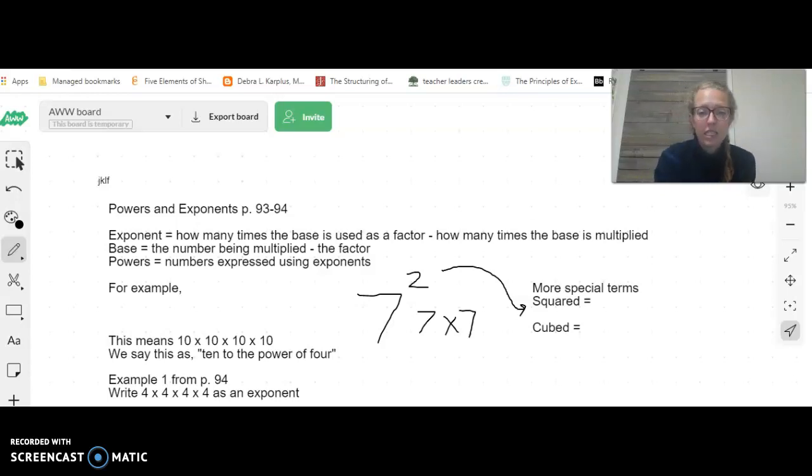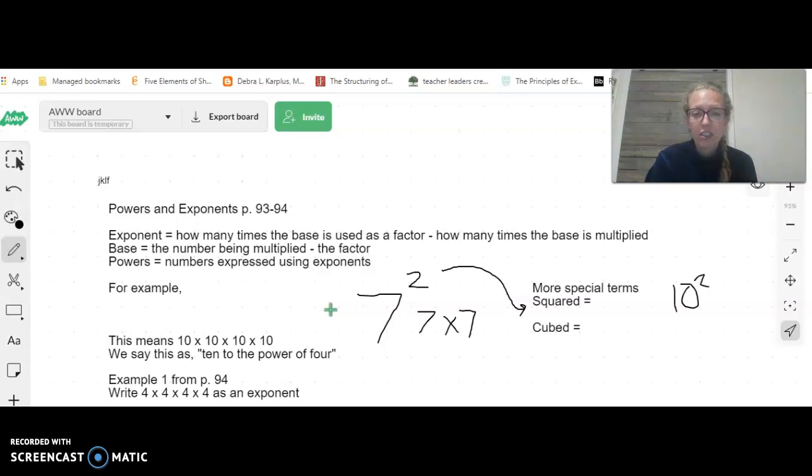So when we see a number like this, or maybe a number like this, if your exponent is a 2, instead of saying 7 or 10 or 11 to the power of 2, you just say 7 squared, 10 squared, 11 squared. See what I mean? This will come in handy further down the line.